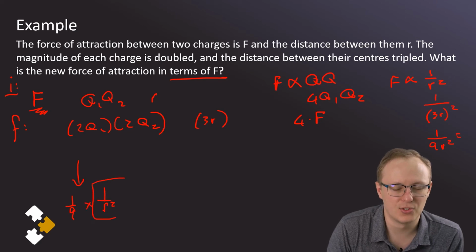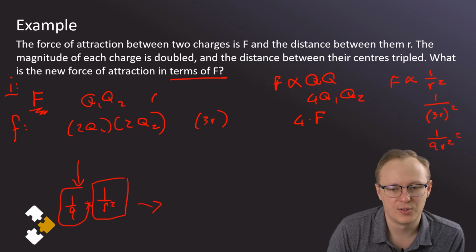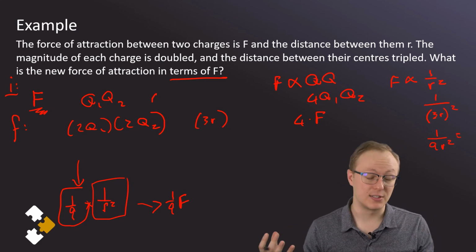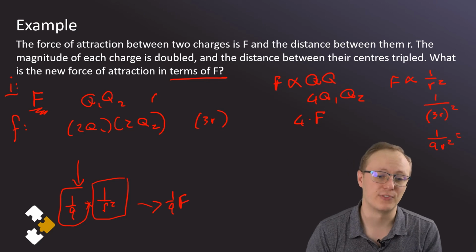So what we've done to this 1 over R squared is multiply it by 1 over 9, and the result is 1 over 9F. So tripling the distance between the centers has decreased F by a factor of 9.